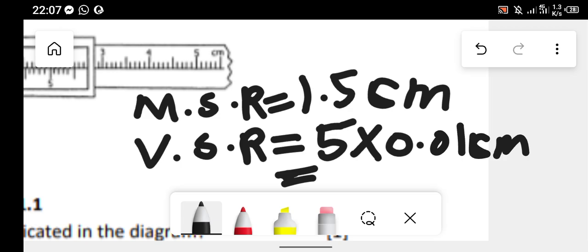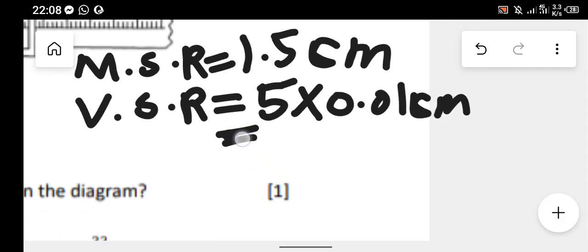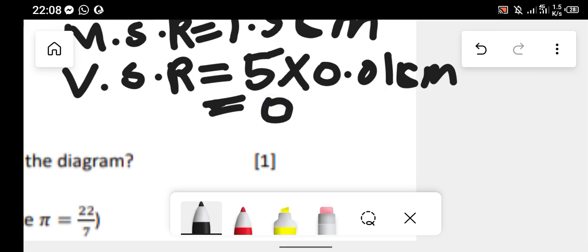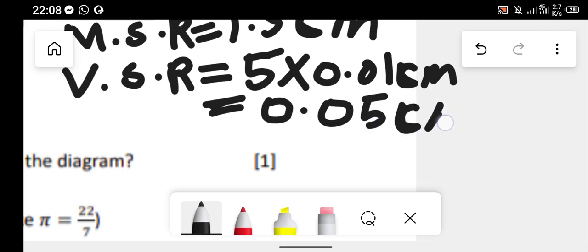okay, let me just get my calculator. Okay, so when you say 5 times 0.01, when you convert that, you should get the final answer 0.05 centimeters.